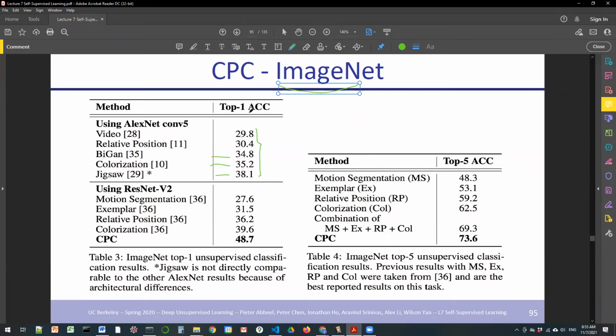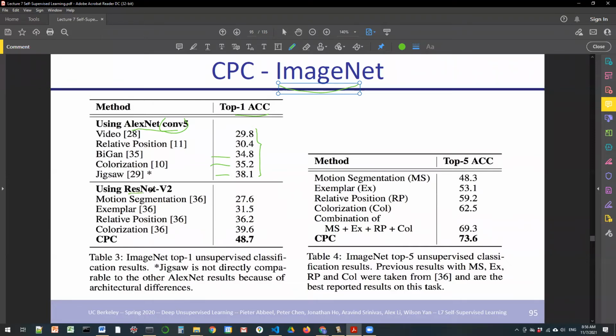They all learn encodings which only give us about these numbers in terms of top one accuracy on ImageNet. And these are using AlexNet as the backbone and the Conv5 layer of AlexNet, which is taken out from the embeddings and used.